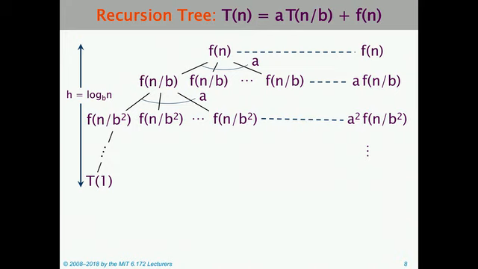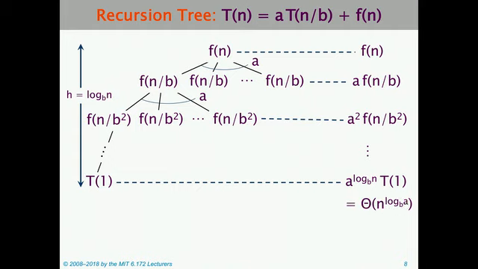H, which is log base b of n. So I end up with a to the log base b of n times what's at the leaf, which is t of 1. Okay? And t of 1 is constant. A to the log base b of n, that's the same as n to the log base b of a. Okay, that's just a little bit of exponential algebra. Okay, and one way to see that is take the log of both sides of both equations, and you realize that all that's used there is the commutative law.